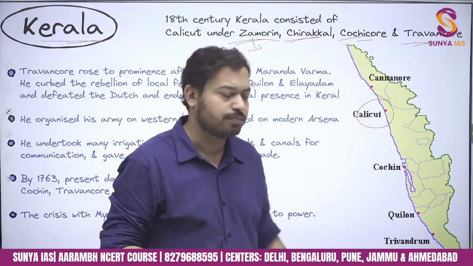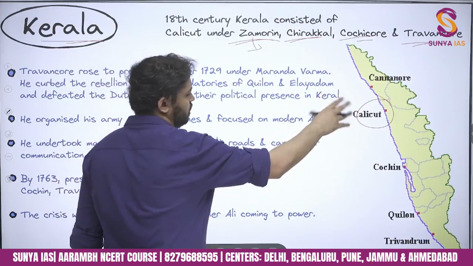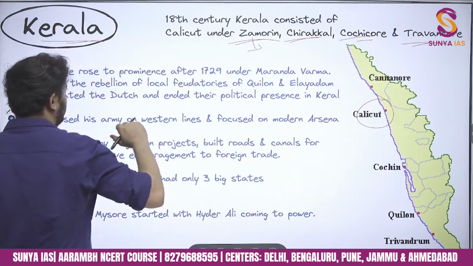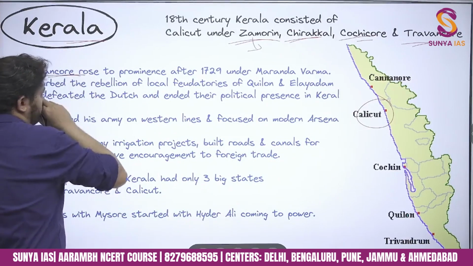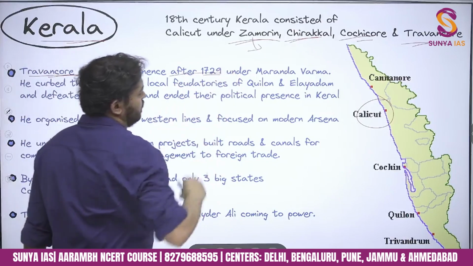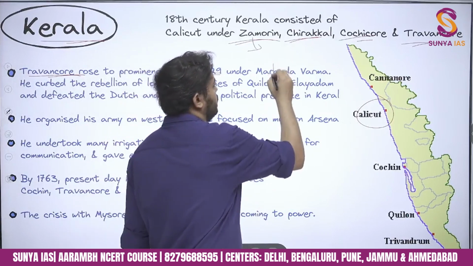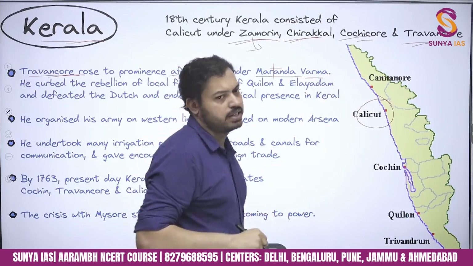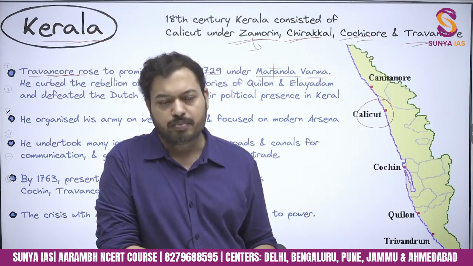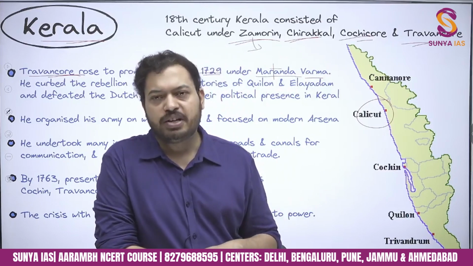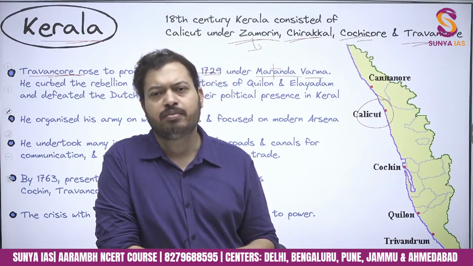So Calicut in a way was somewhat controlled by Mysore for a time. Otherwise, Cochin had a prominent presence for a bit longer, and Travancore by 1729 came into prominence under the rulership of Martand Verma. It's Martand and not Maranda. Under the leadership of Martand Verma, Travancore became one of the prominent states, and achieved more prominence than many other powers.